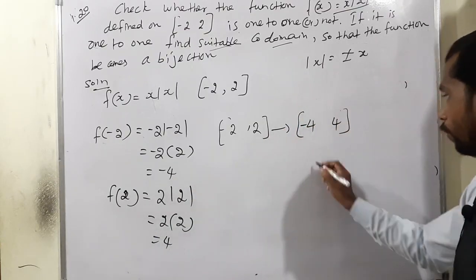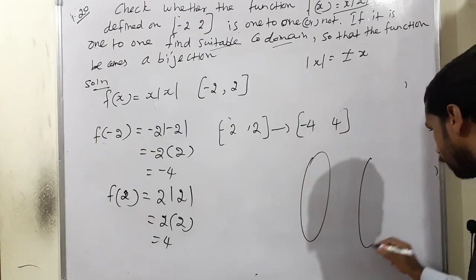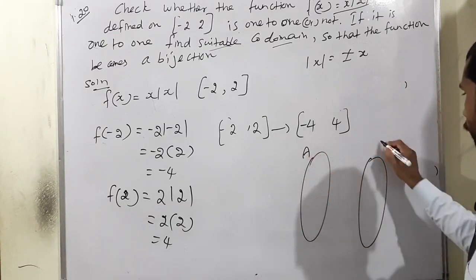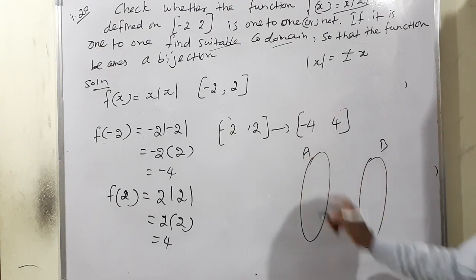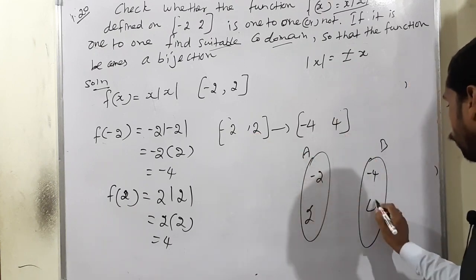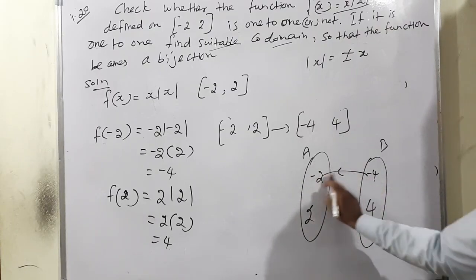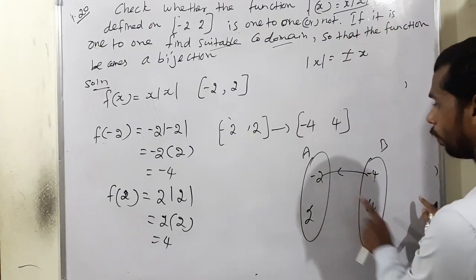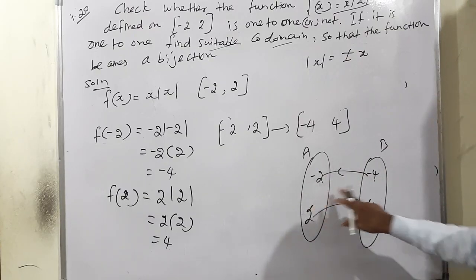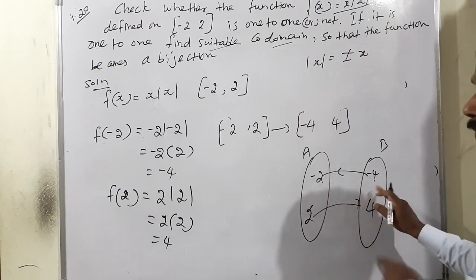See, if you take this as A, the domain, and this as B, then negative 2 to positive 2 gives output negative 4 to positive 4. Each and every mapping, number of codomain is equal to number of pre-image. In between, whatever value you take, if you take negative 1, we will also get the same particular value.